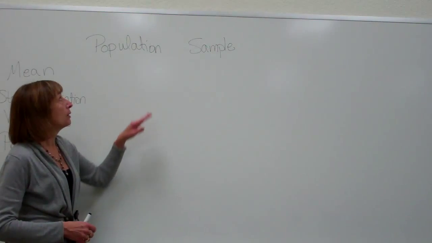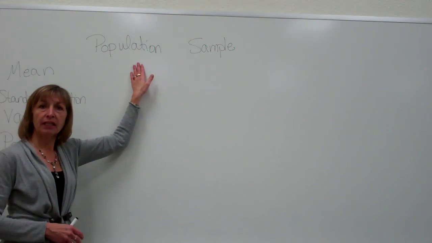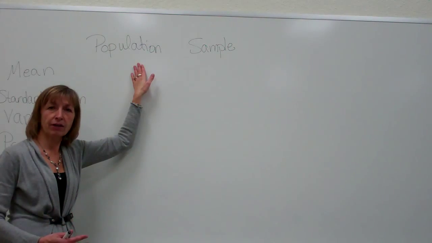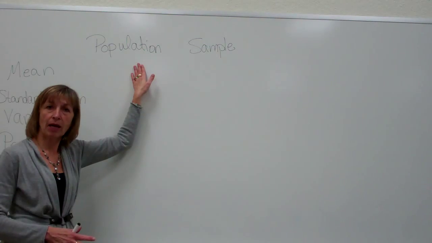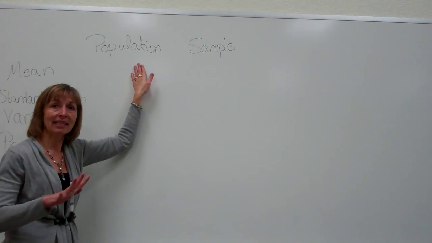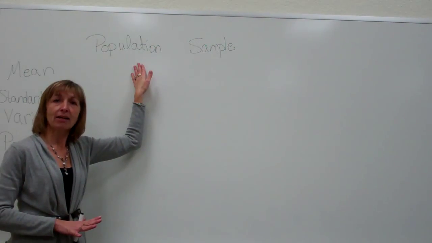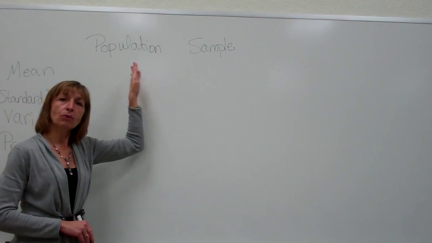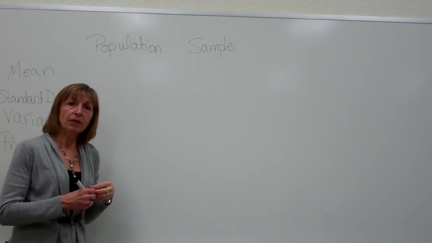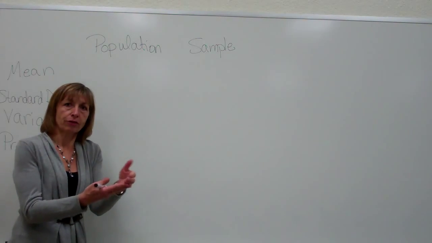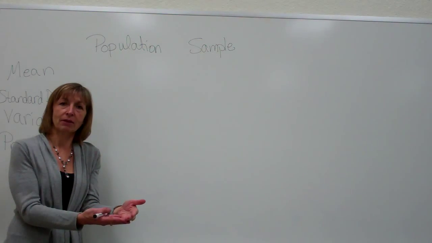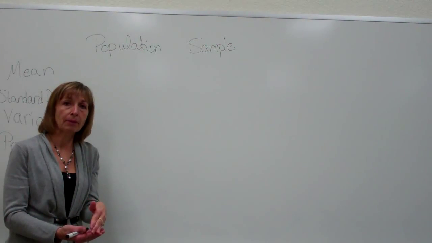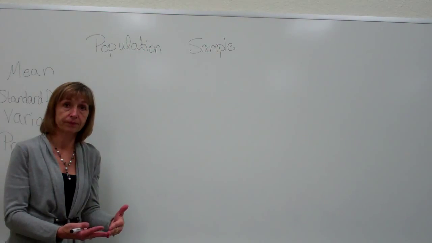If I calculate the mean or the standard deviation or the variance out of the population, I have the entire set of data for the entire group that I'm interested in. So those values will be the same today as they are tomorrow if I have that specific population. In that case, those measurements are called parameters because they don't change.